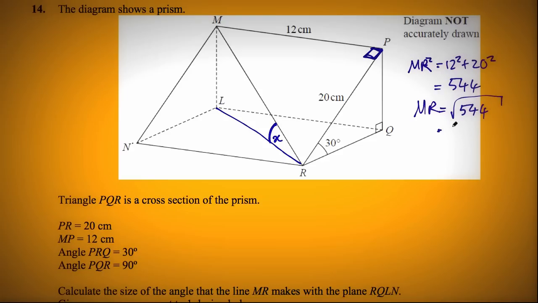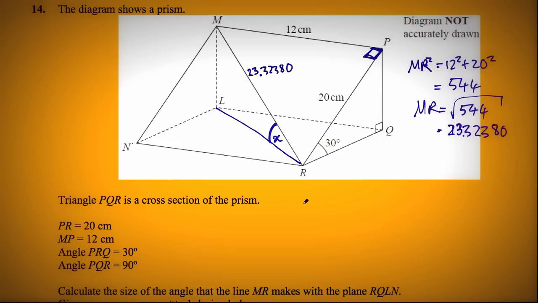I know that it's 23.32380 on my calculator, and I'm going to use it to that degree of accuracy in my further calculations. Or in fact, I might just use root 544 in my later calculations.